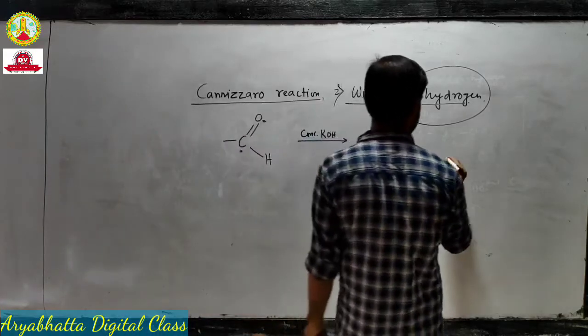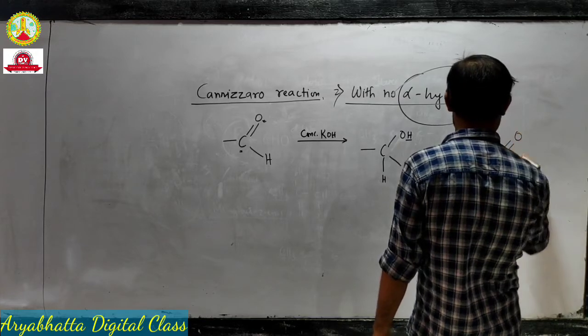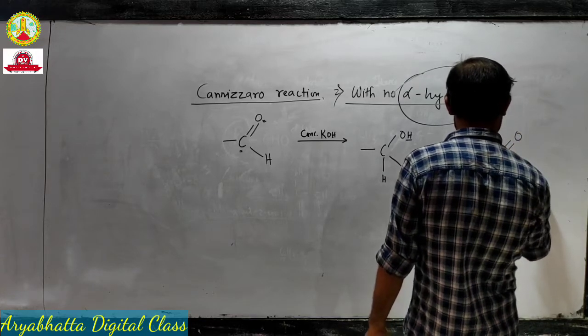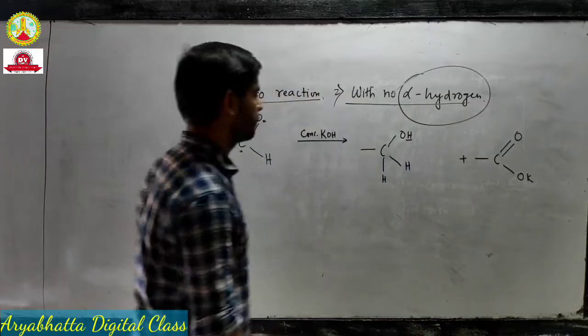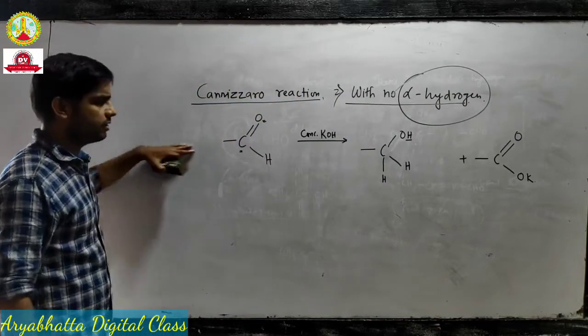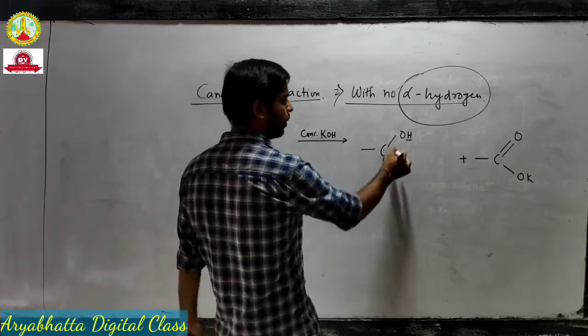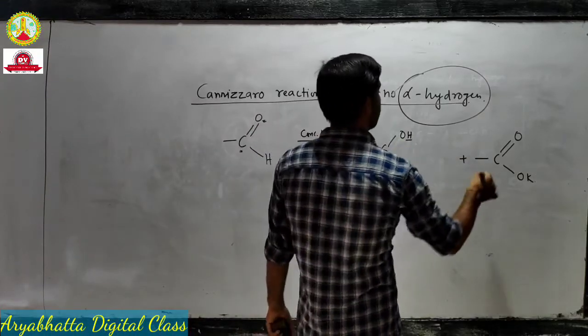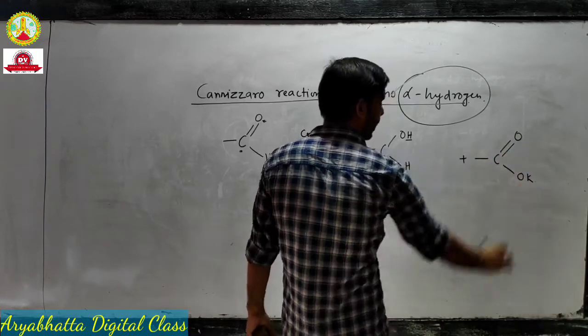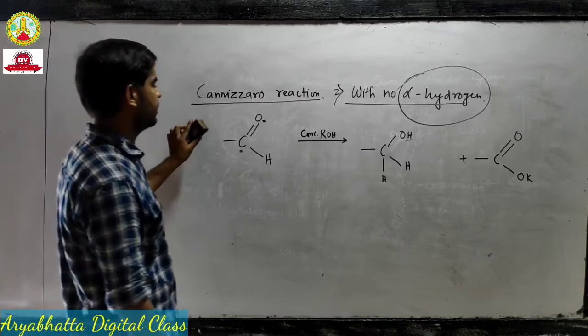That's the first thing. Second, make an acid salt. The rest will remain the same. One will be the alcohol, and another will be COOK. So this is what basically happens in Cannizzaro reaction.